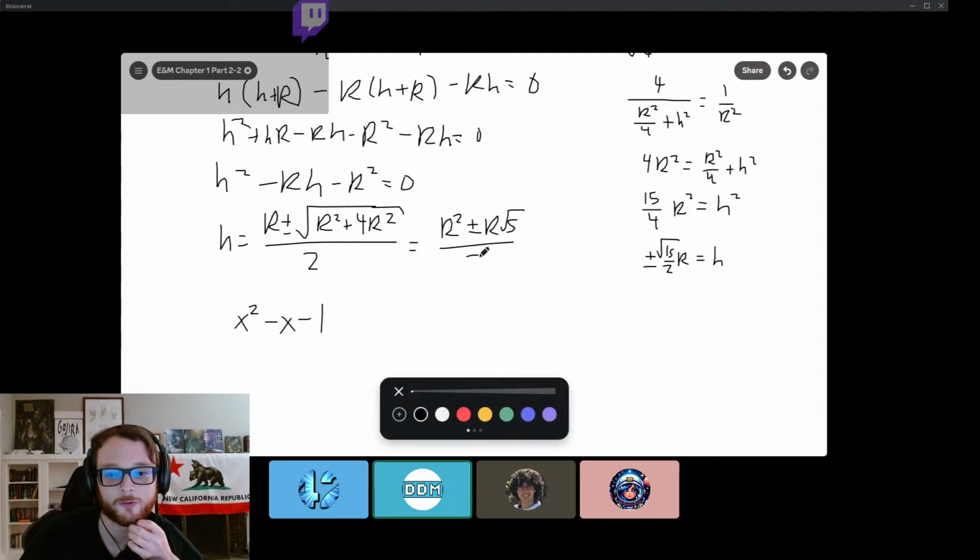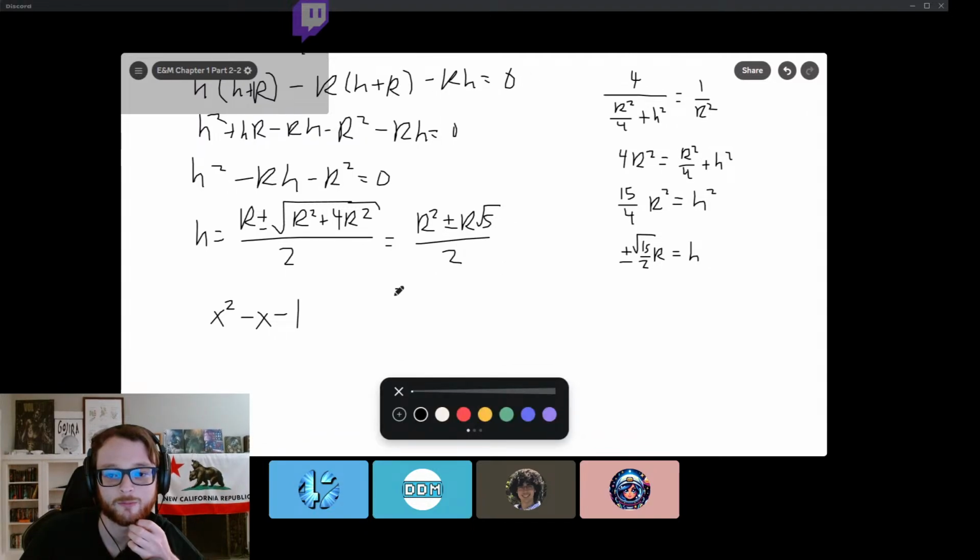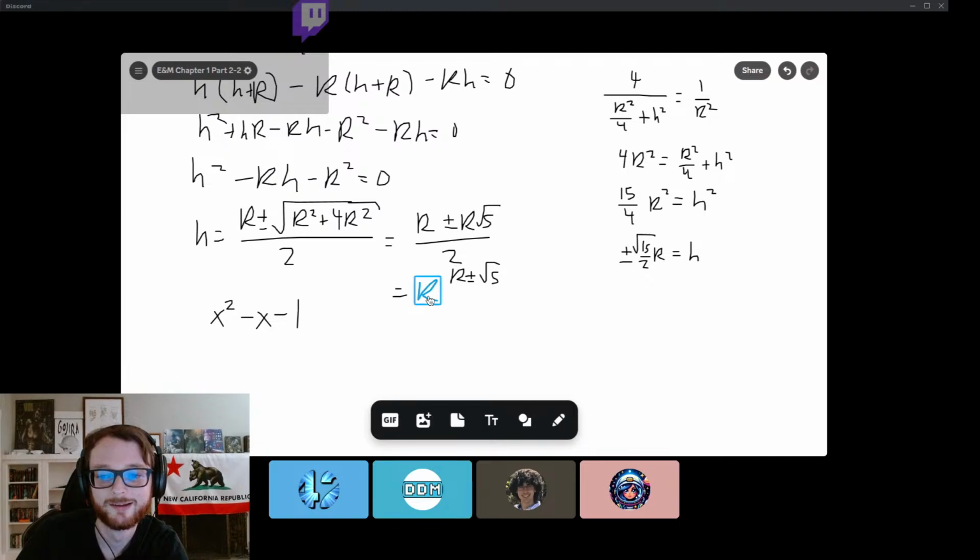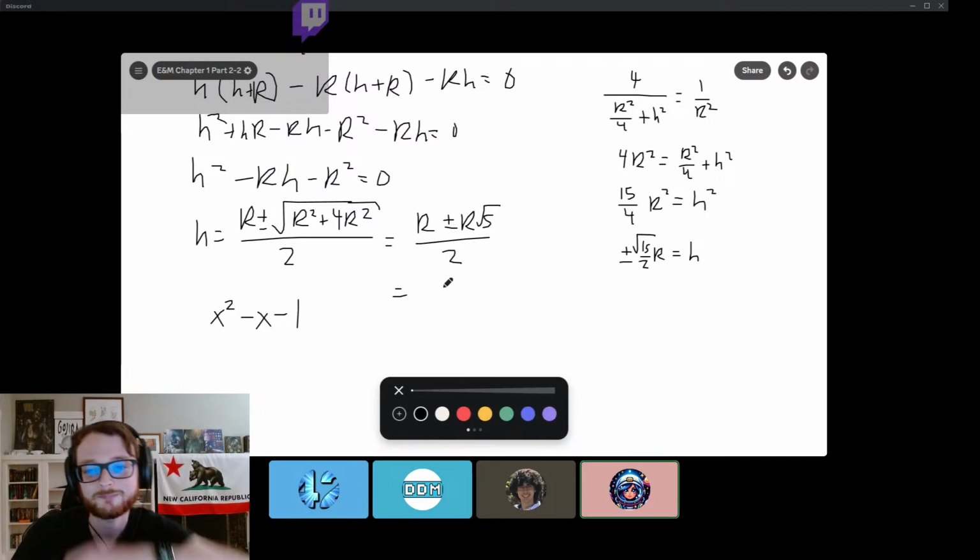Yeah, that looks pretty golden ratio-ish. Well, almost. Oh god, I had it squared. Okay, good. I guess R times the golden ratio for this.